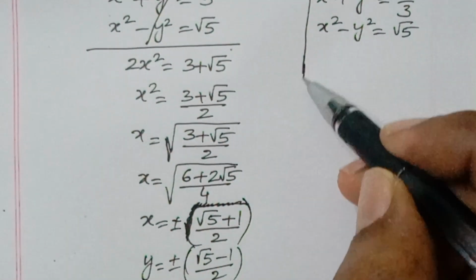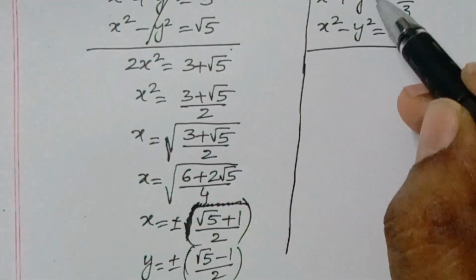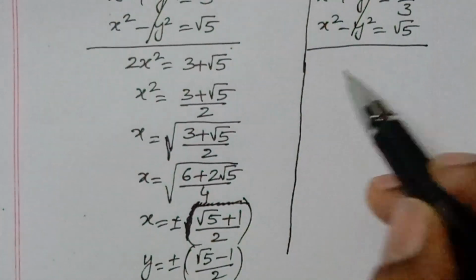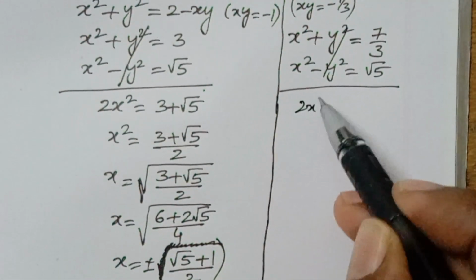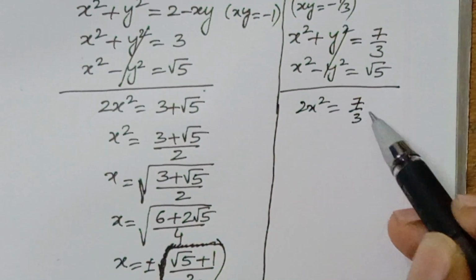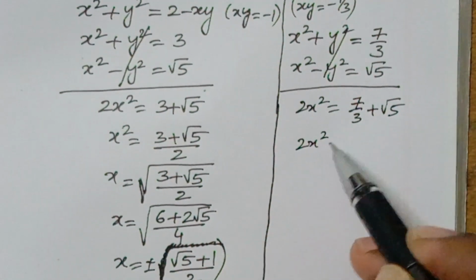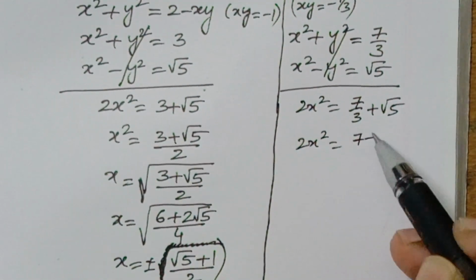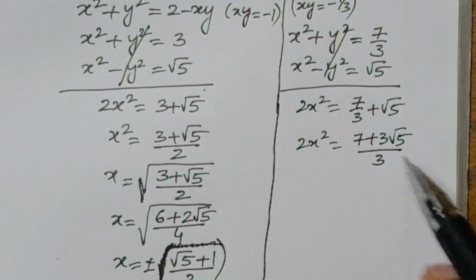Now if you take the second case here, here also y square gets cancelled. 2x square is equal to 7 by 3 plus root 5. So 2x square is equal to (7 plus 3 root 5) by 3.